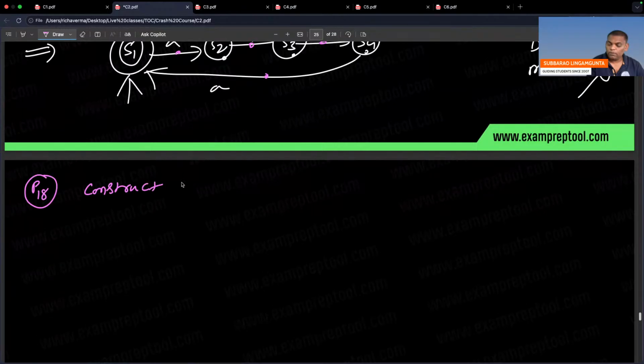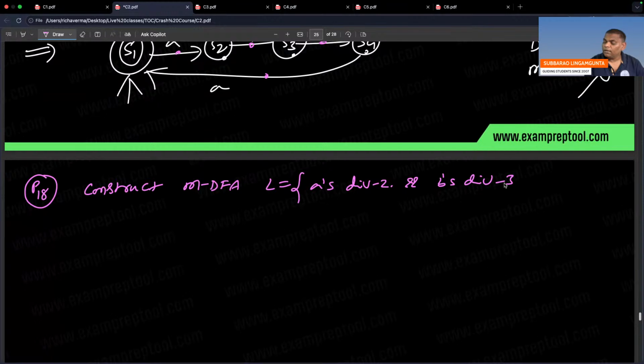Construct minimal DFA for the language L equal to: number of A's is divisible by 2, AND operation, B is divisible by 3, AND operation, C is divisible by 5, AND operation is there.